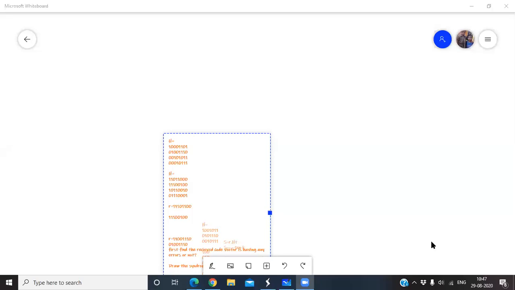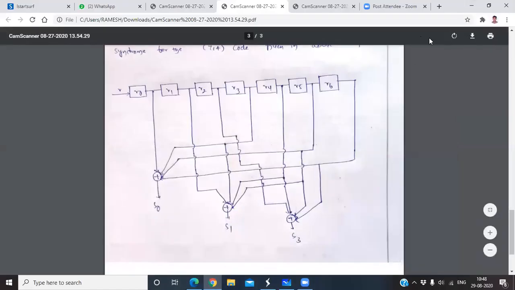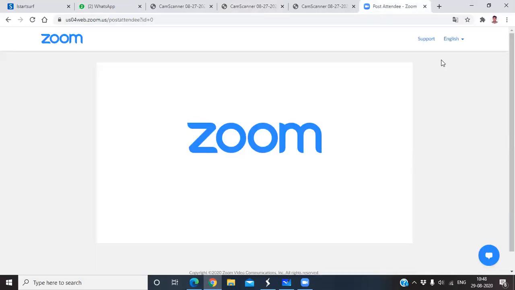Are you able to draw the encoder diagram for any type of block code, either 6,3, 7,4, 8,4, 15,7, n,k?